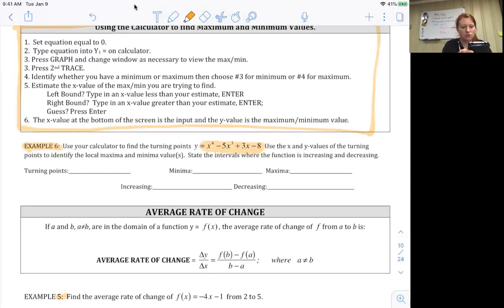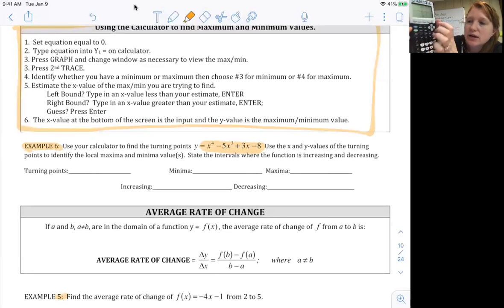I am very close to seeing the whole thing. So I'm going to have to go ahead and change the window. If you take a look at my graph, and maybe yours looks like mine, I don't have the whole graph.